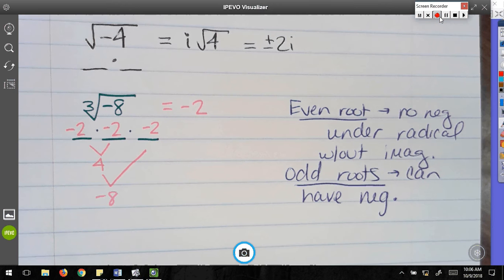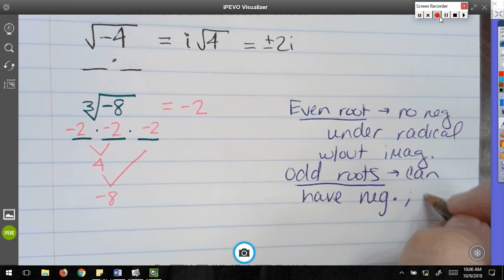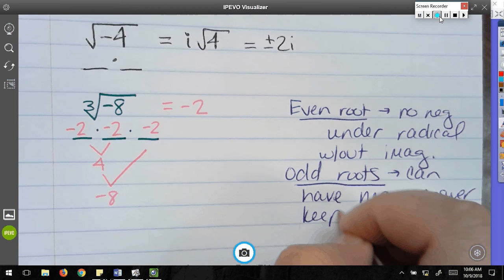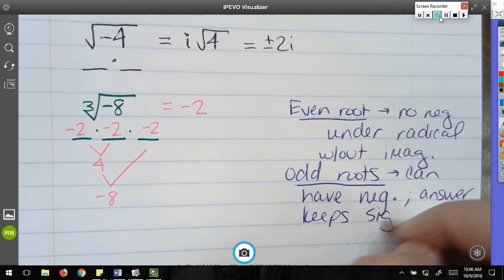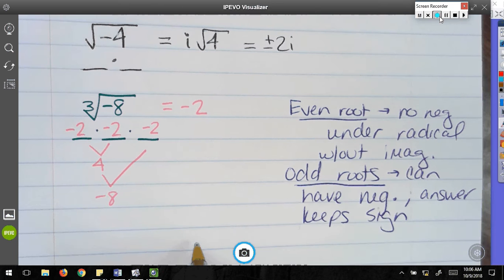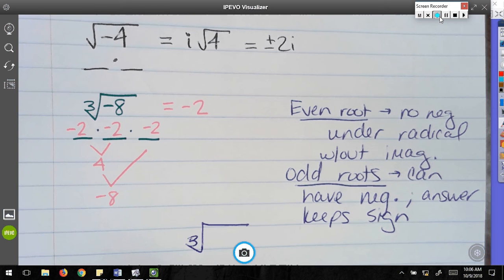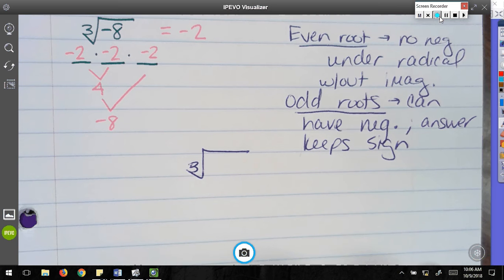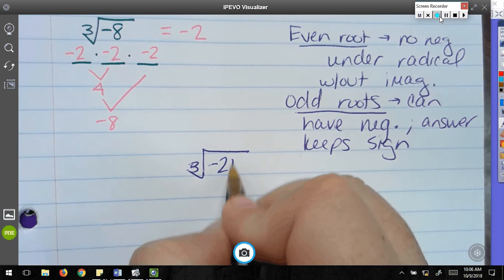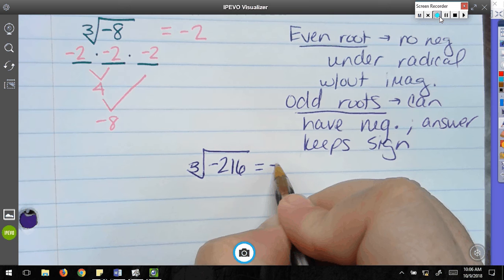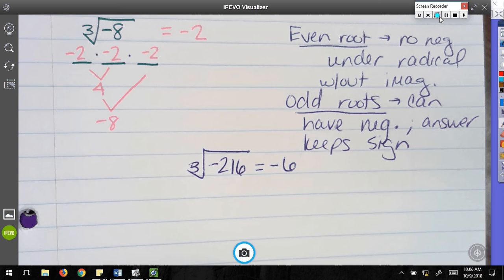So the one we did a minute ago is the cubed root of 216. If that was the cubed root of negative 216, I could do that. That would be negative 6 instead of positive 6.